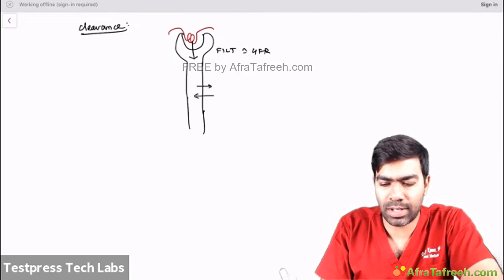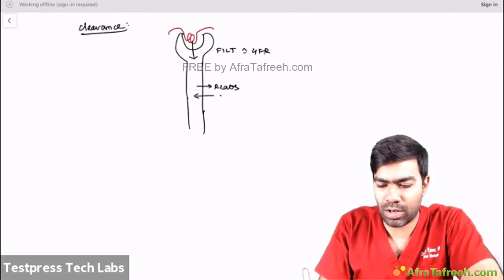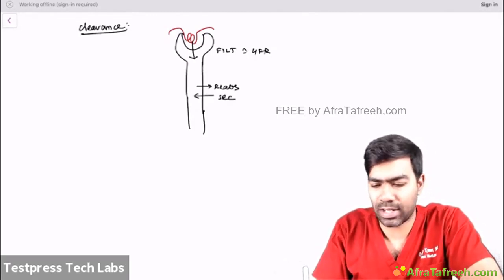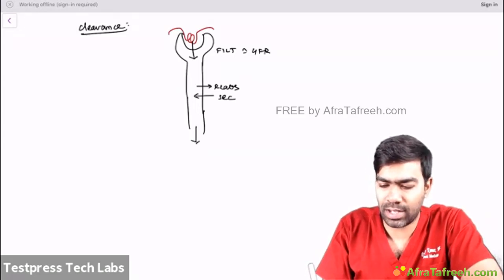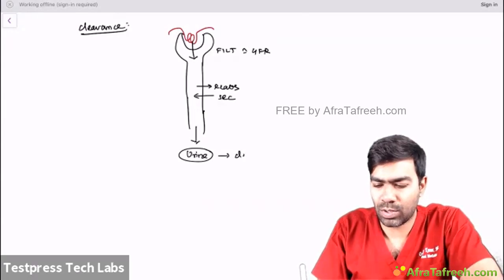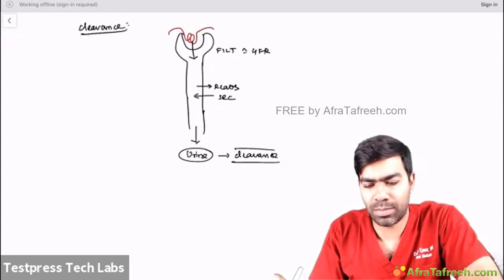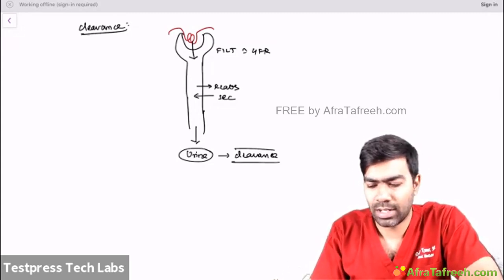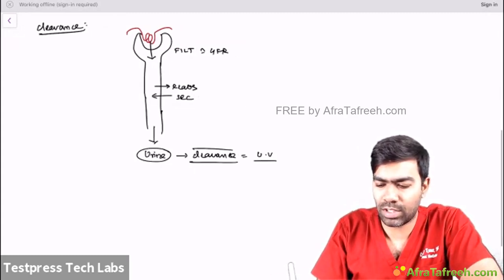It may also get secreted back into the lumen by the tubules itself. Finally, this substance comes out in the urine. How much of the substance comes into the urine after all this process is what we refer to as clearance. It depends on how much is filtered, how much is reabsorbed, and how much is secreted. Basically, you know the formula for clearance, which is typically given as UV by P.